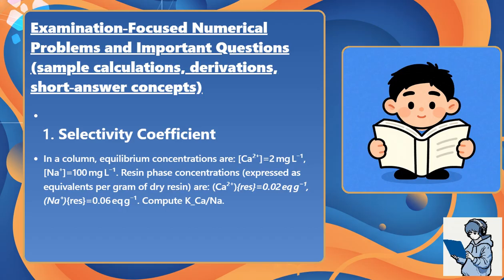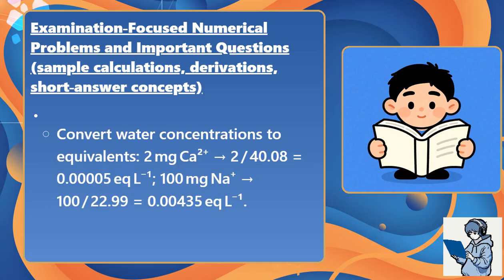Compute K sub Ca over Na. Convert water concentrations to equivalents. 2 milligrams calcium 2+ divided by 40.08 equals 0.00005 equivalents per liter. 100 milligrams sodium + divided by 22.99 equals 0.00435 equivalents per liter.